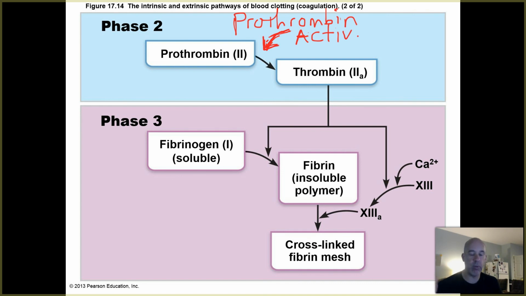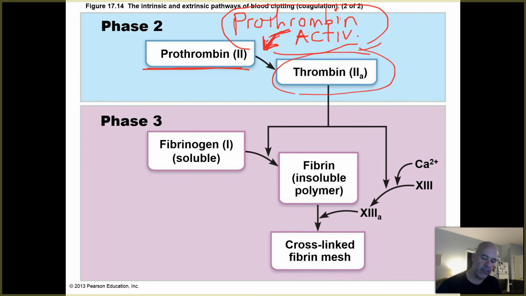And it takes prothrombin. Prothrombin is another one of these procoagulants that you have in your blood. It's also known as factor 2. That's why they're showing you the Roman numeral 2. This functions as an enzyme, and it converts prothrombin to thrombin. Okay, thrombin is also an enzyme.